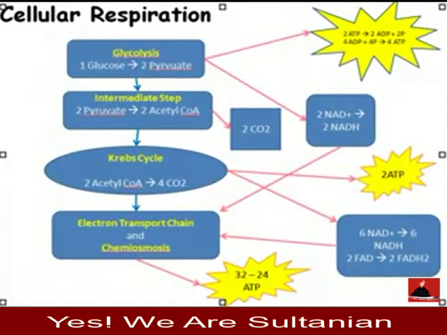So in general, cellular respiration is going to begin when glucose enters the glycolytic pathway, so glycolysis. And it's going to exit and form two molecules of pyruvate right here.